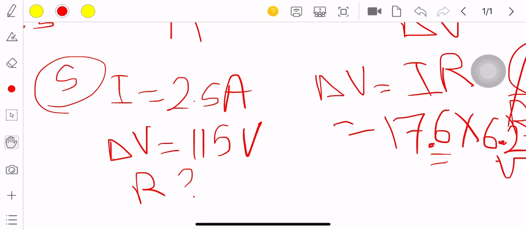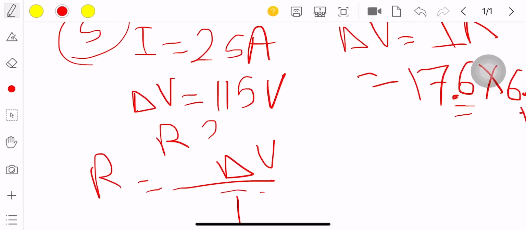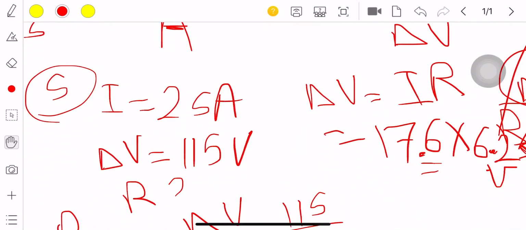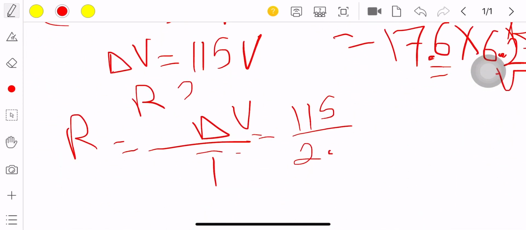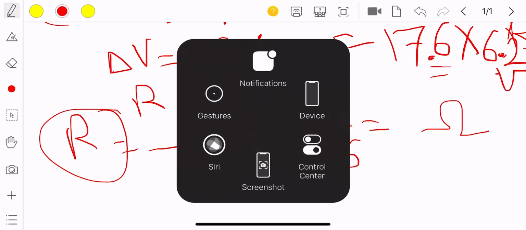From the triangle, R is equal to delta V over I. So it will be 115 over 2.5. Use your calculator. The unit for the resistance is ohm. Okay, I will upload the final answers for all of them. Done, girls? We will complete in the coming video.